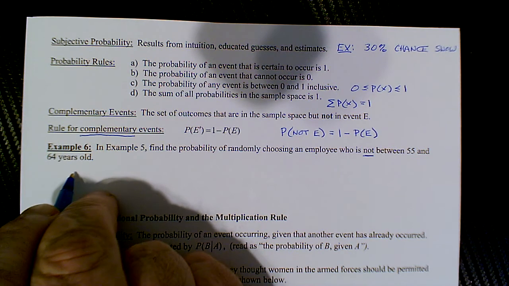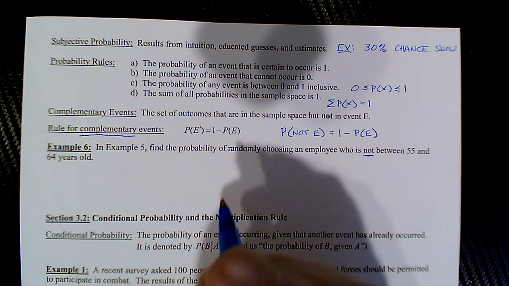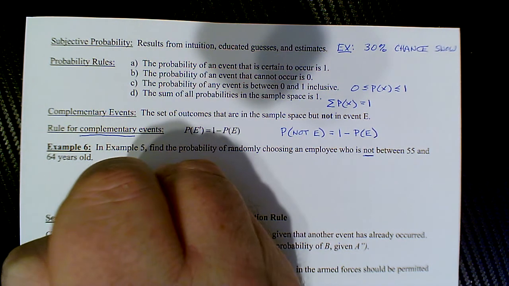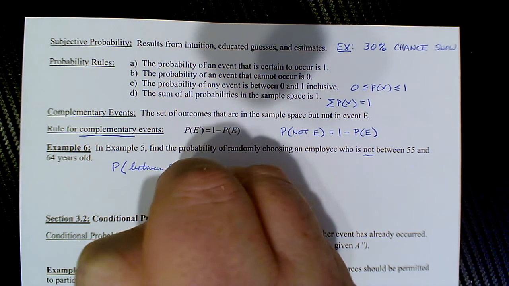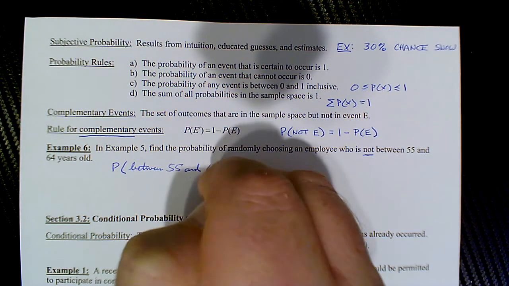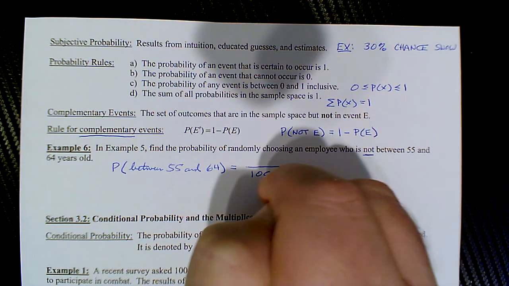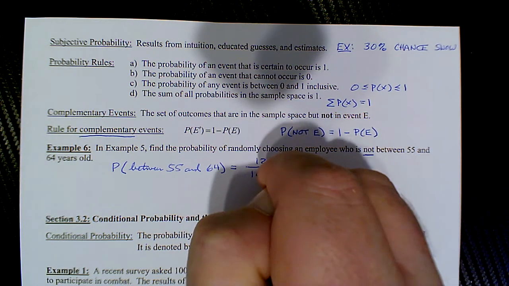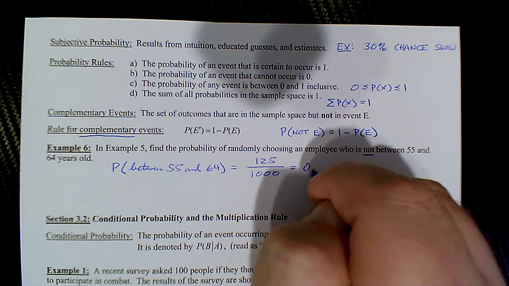What you could do is actually add up all the ones that are not, or you could calculate the probability that they are between 55 and 64, which is again success over total, 1,000 total. There's 125, look at the table, that are between 55 and 64, which is 0.125.